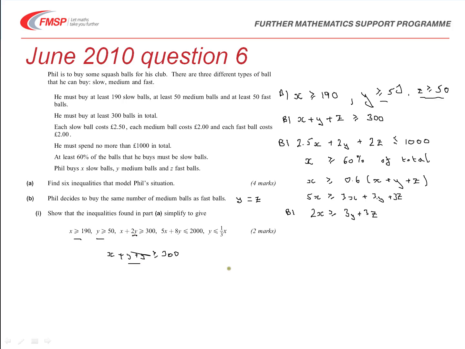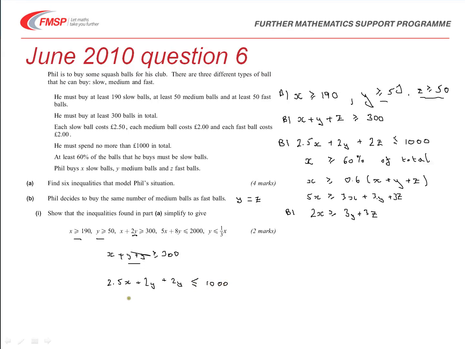Then the fifth inequality, the 2.5x plus 2y plus 2z less than or equal to 1000. We're replacing z, so that would become 2.5x plus 2y plus 2y again is less than or equal to 1000.